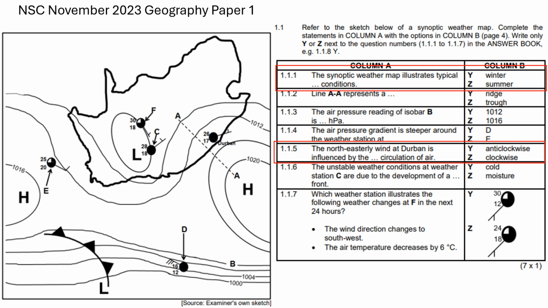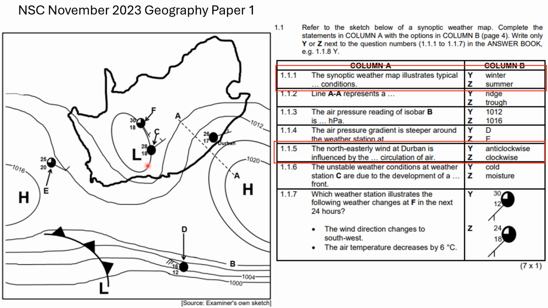So 1.1.1 says that the synoptic weather map illustrates typical winter or summer conditions. If you look at the synoptic weather map, you need to focus on the pressure cell that is found over the interior of South Africa.